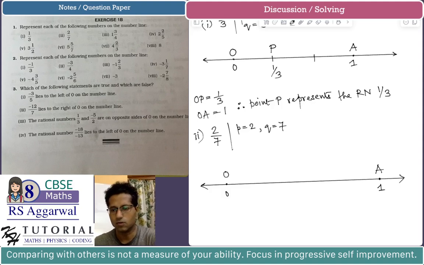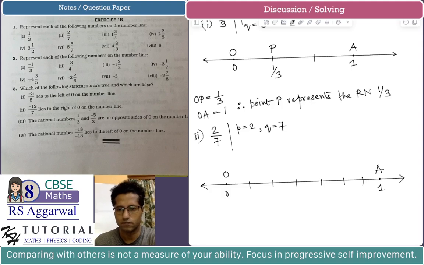Now I will divide OA into 7 equal parts, because in the denominator we have 7. This need not be perfect, but you can approximately mark 7 equal parts. So 1, 2, 3, 4, 5, 6 and 7. Now you will consider 2 such equal parts, because P is 2.